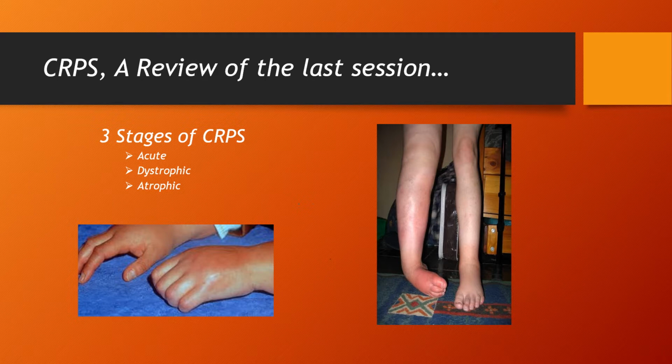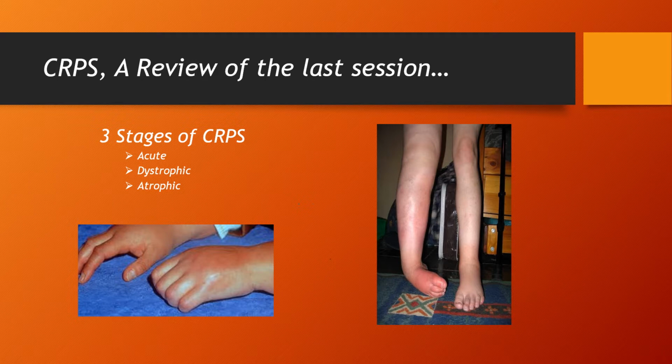First, we have the 3 stages of CRPS. They're the acute stage, which occurs very shortly after an inciting incident and can last 3 to 6 months. It's known also as the vasodilation stage, and it involves the presence of edema, hyperthermia, and a type of pain that's more severe than one would expect for the injury. In CRPS-1, we have a non-peripheral nerve pattern.